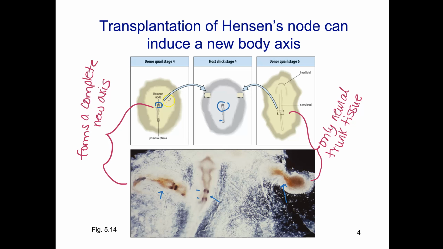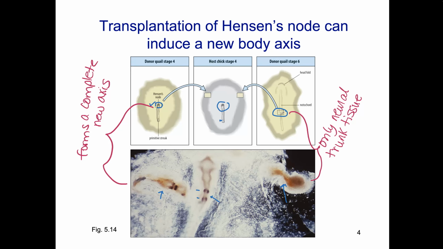Was there anything else? Oh yeah, this is an important one too, sorry, I forgot about that. If you choose a later Hensen's node, so in this quail embryo, this one is new, it's just starting, right? It's an early one. But in this one, the node has retracted, it's about halfway or so down the embryo.